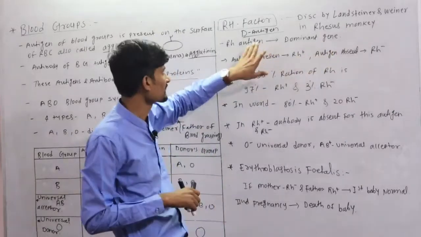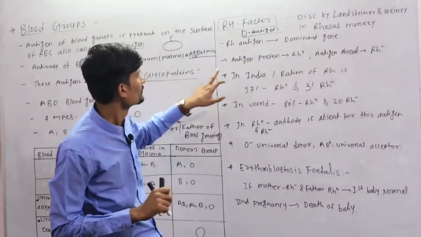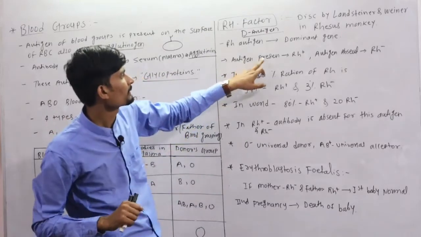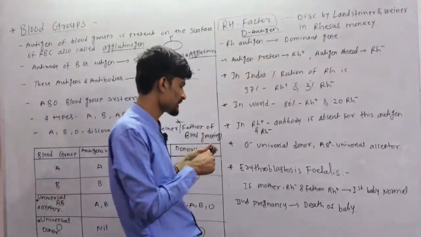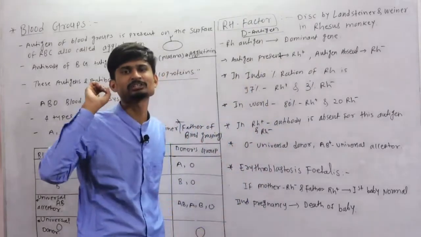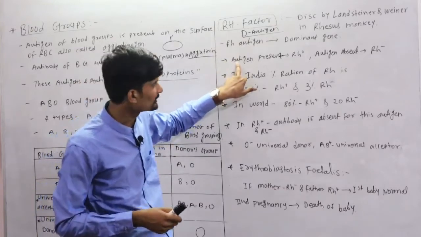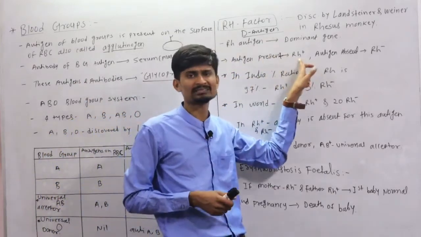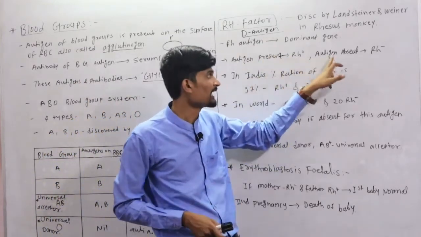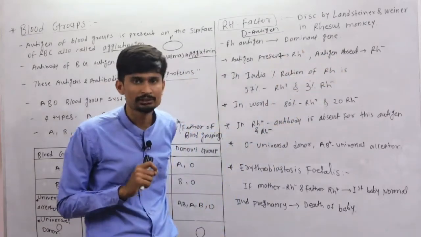So if the antigen is present, then it is called RH positive. Antigen present means RH antigen is present on the surface of RBC, then it is called RH positive. If the RH antigen is absent, then it is called RH negative.